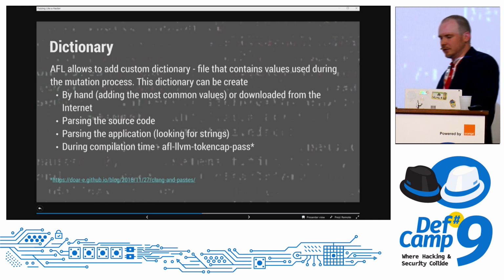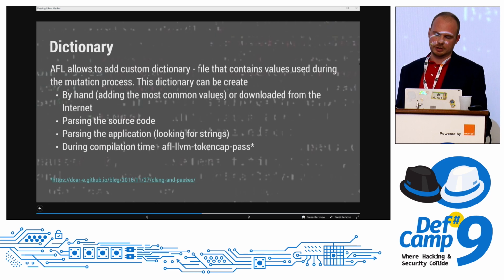How can we create this kind of dictionary? Well, by hand. Just type whatever you want inside the file. You can download it from the internet. There are dictionaries available, for example, for PDF files, having all the keywords. You can parse the source code, whatever you want. You can parse the applications, looking for strings, and then add those strings inside the dictionary.